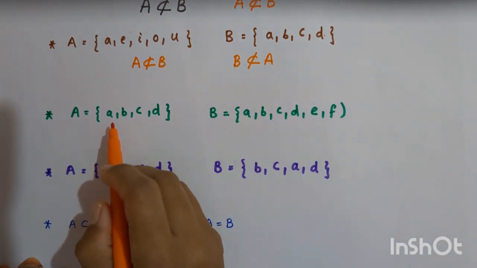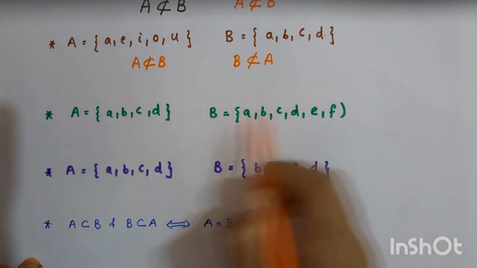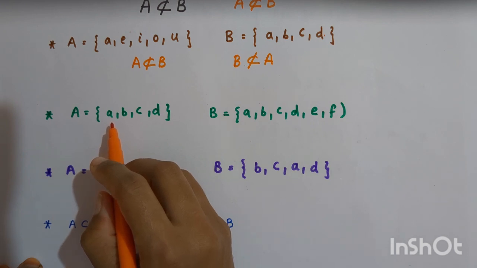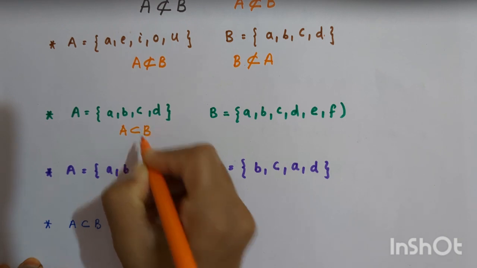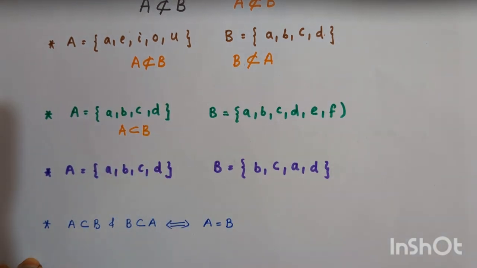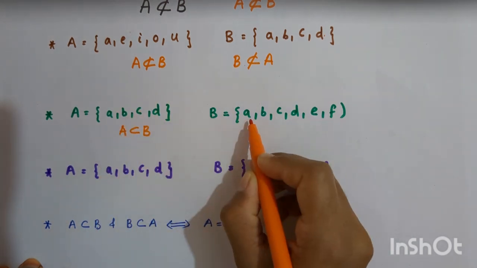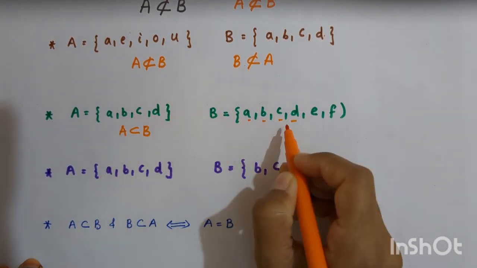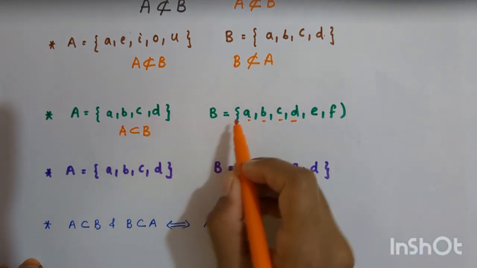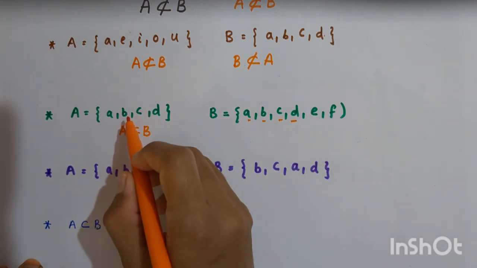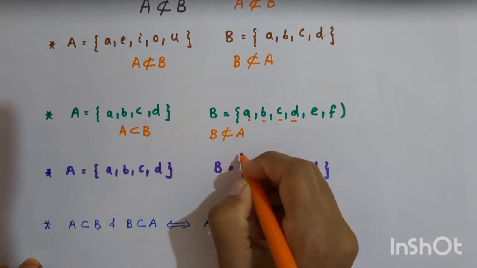So here you can see that A is in B, B is in B, C is in B, D is also in B. So every element of set A is contained in set B. So we can say that A is a subset of B. But here you see, every element of set B is not contained in set A. A few elements are common in both the sets, but E and F, which are elements in set B, are not in set A. So every element of set B is not contained in set A. So here B is not a subset of A.